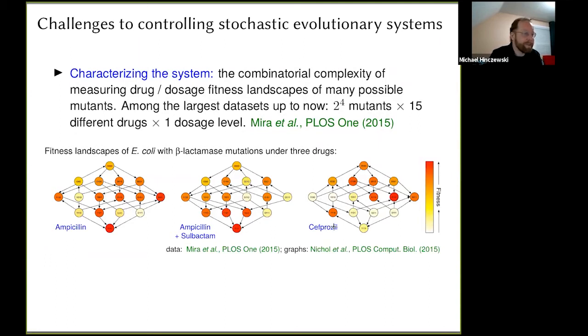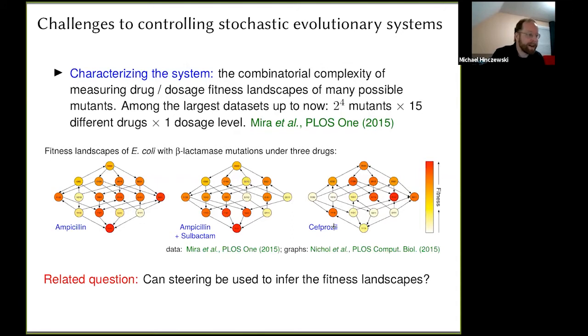So getting these fitness landscapes for the drugs is a prerequisite to doing control, and is a big challenge. That's something our group is considering, but I'm not going to talk about it in this talk. We're working on what techniques we can use to infer the fitness landscapes. Ideally, what we want to do is, in an iterative way, both infer and control at the same time. We make a perturbation to the system.